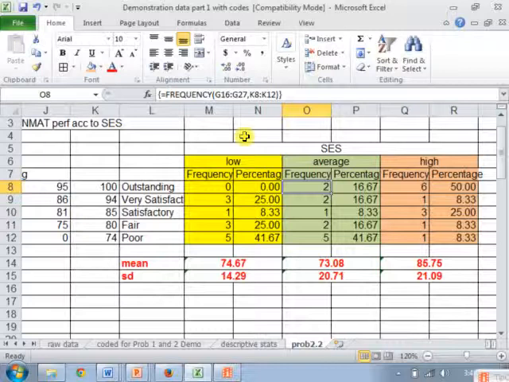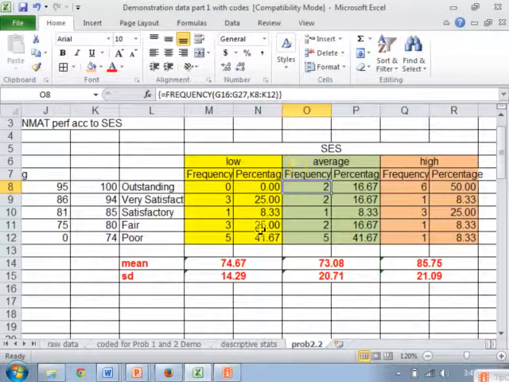Sige. You can begin with majority of the low are where? Majority of the respondents whose socioeconomic status is low have an NMAT performance of poor to fair.